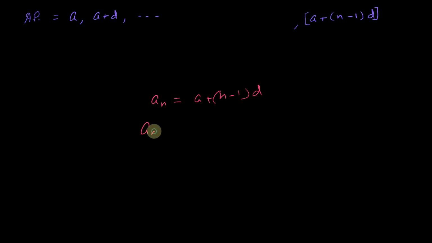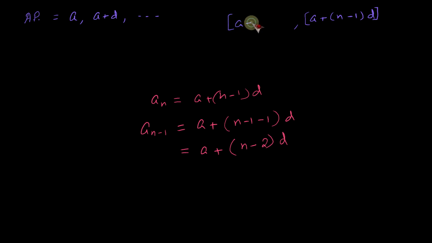So a plus n minus 1 minus 1 as it is, and finally d. So it becomes a plus n minus 2 into d. This is the second last term, right? So let's write the second last term. It is a plus n minus 2 d.